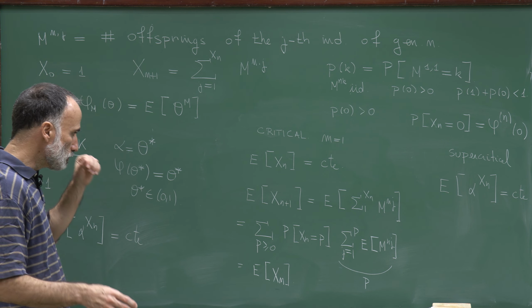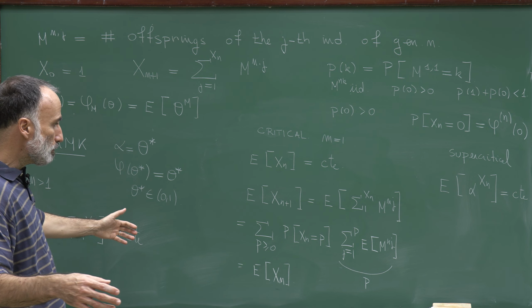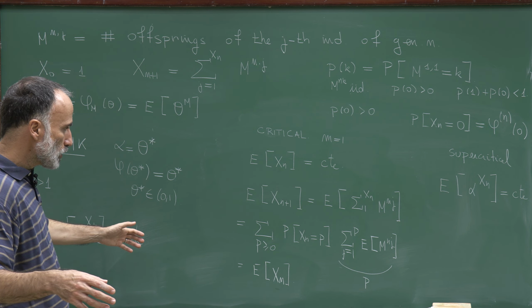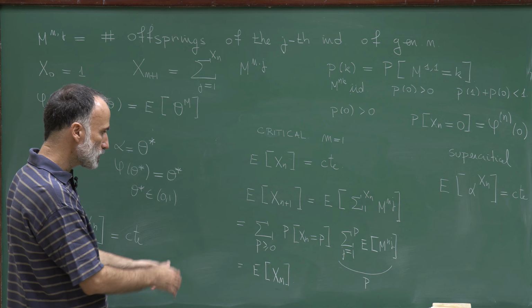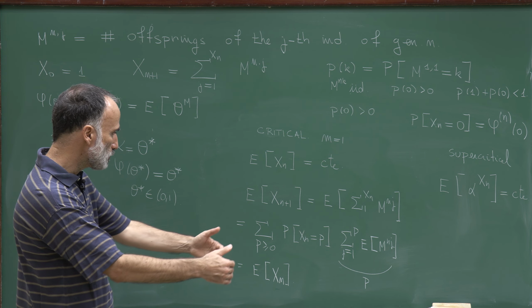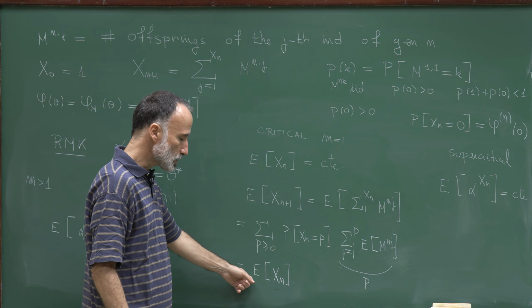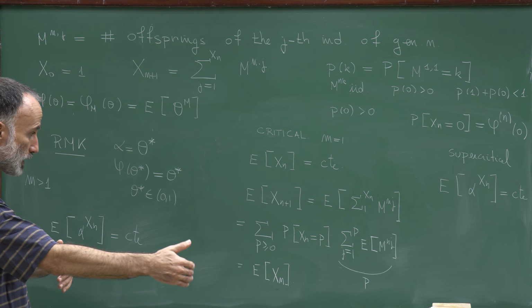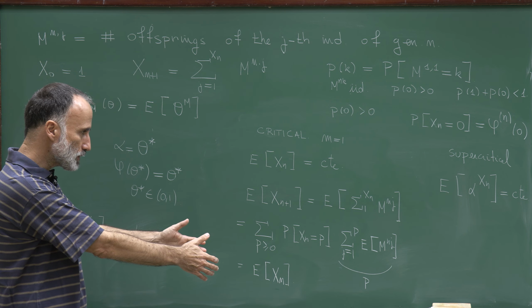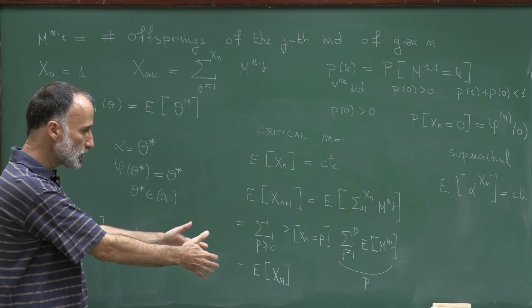This means that if you repeat this experiment many, many times, you have some families which will disappear, but the other ones will grow, and will grow in such a way that if you take the expectation among the size of all these populations at time n, you get something which is constant. So many of them disappeared, many of them have no offspring at generation n, but the ones who have offspring at generation n are very large to compensate the fact that the other ones disappeared.